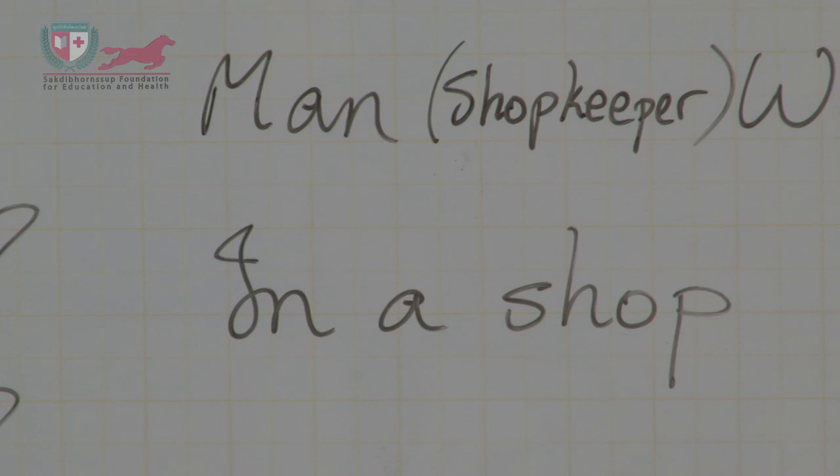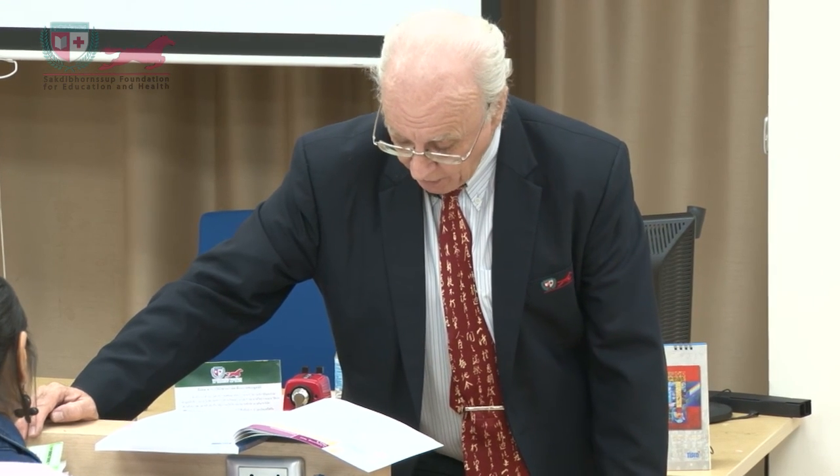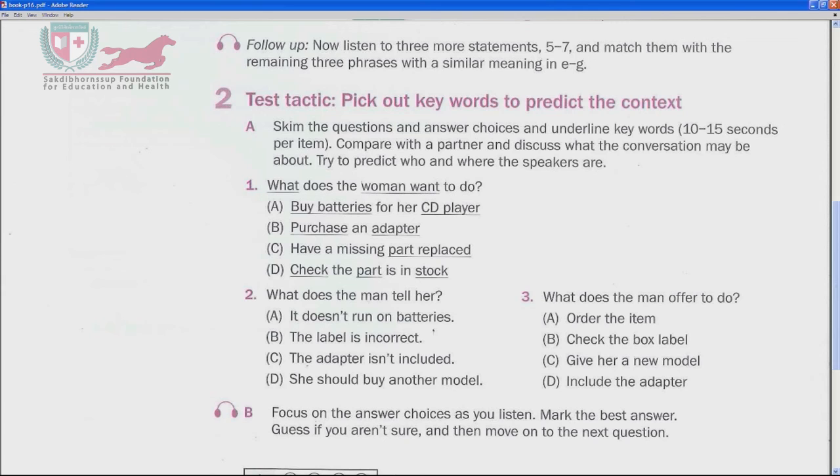Okay, look at question 2. What does the man tell her? The man's the shopkeeper, okay. It doesn't run on batteries. Label incorrect. Adapter not included. Buy another model. Does that help us to understand the topic of the conversation or the problem? What is the topic of the conversation?